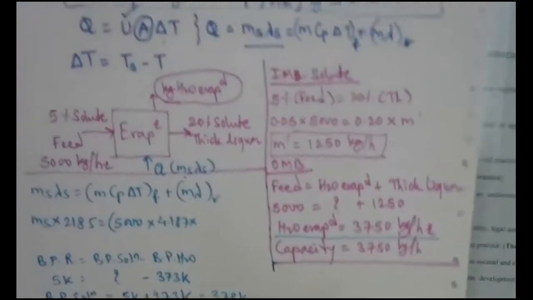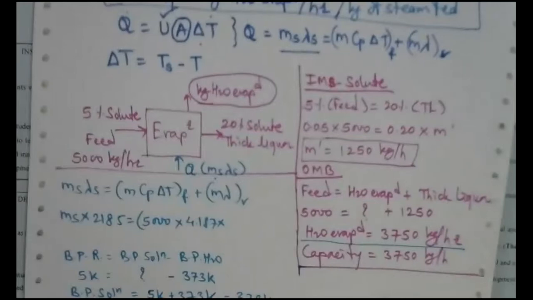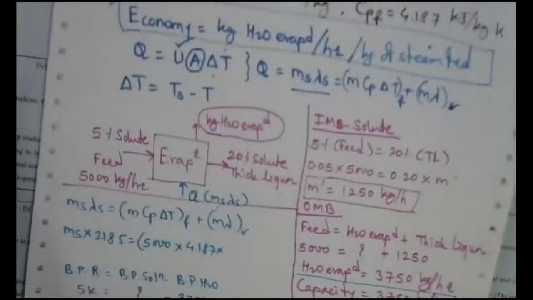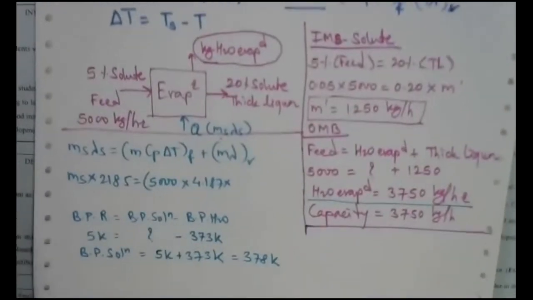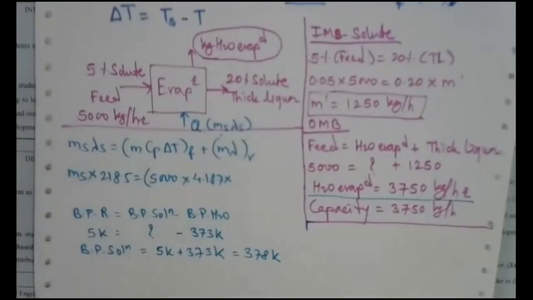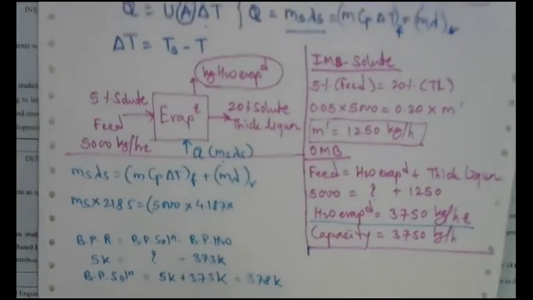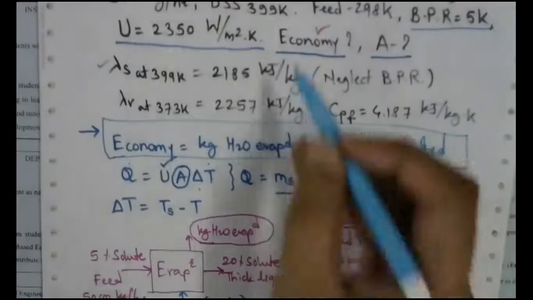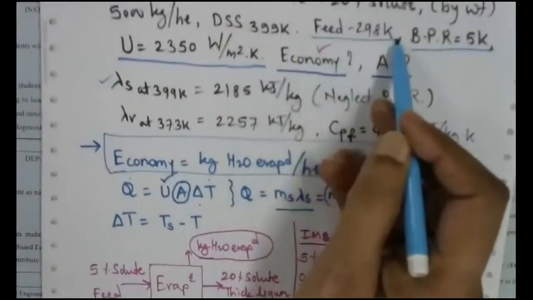So this is the boiling point of solution, and this delta T is the difference between the boiling point of solution, or the temperature of that solution, and the temperature of feed. In this example, the temperature of feed is given, that is 298 Kelvin, right?